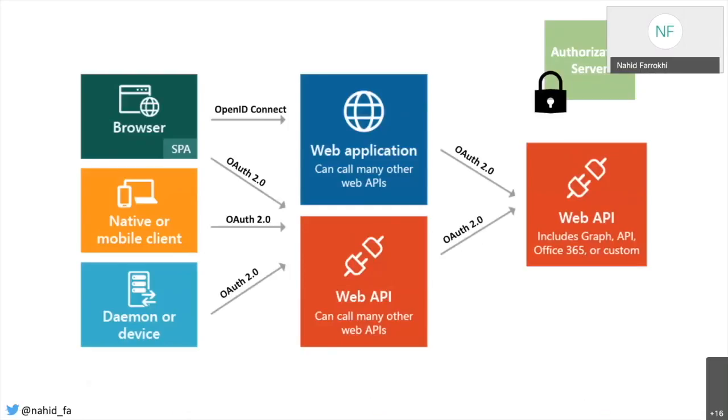For example, browsers communicate with the web applications, and browser-based applications communicate with web APIs, and APIs communicate with each other or with web applications, but they can connect on behalf of the user or just as themselves. In this big picture, I included the authorization server as well, which is needed for OAuth and OpenID Connect. So this is just a big picture.